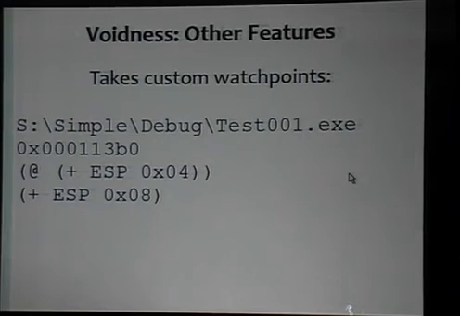Other features of Voidness: I was talking about those custom watch points. This is how we end up implementing the start of the taint. While we're tracing the data flow through the program, we need some origin for saying that something is tainted or is an input value.